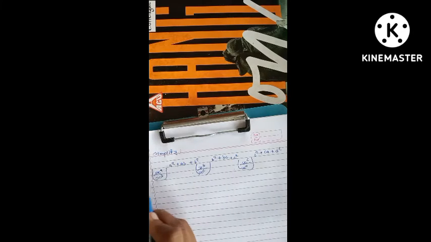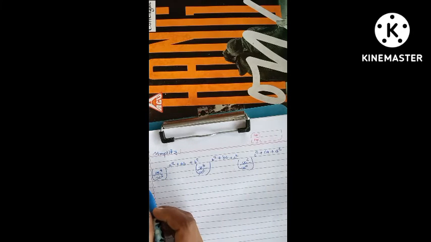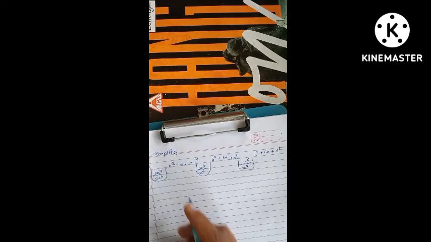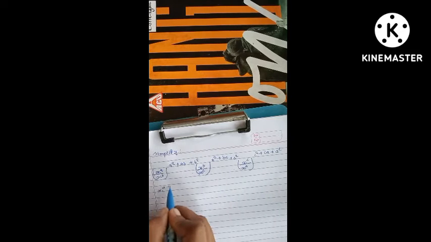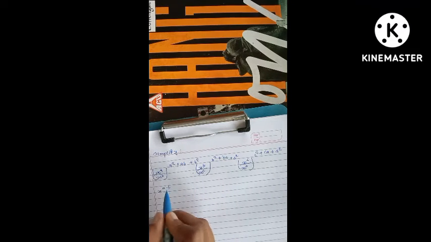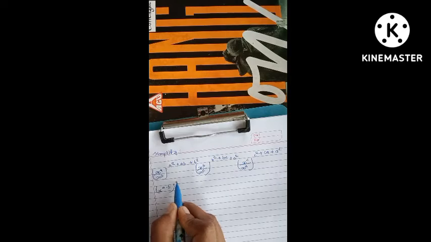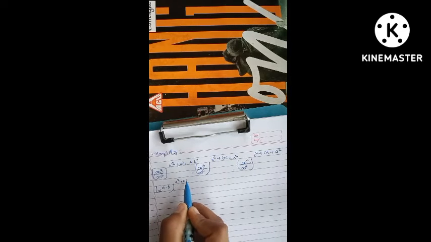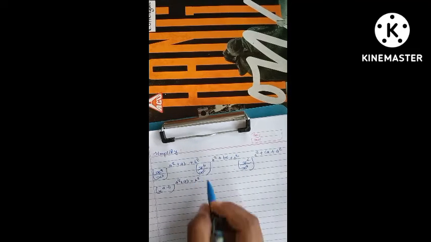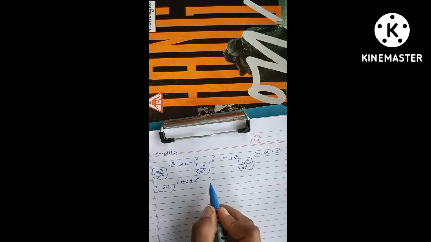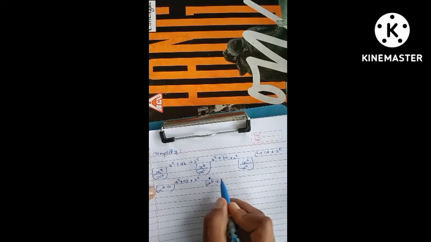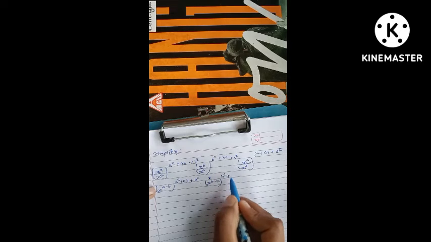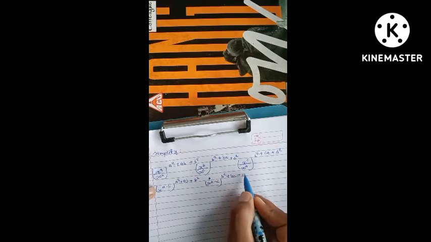Here we can write x to the power a minus b, because it is divided, so we write (a minus b) times (a square plus ab plus b square). Also the same thing here: x to the power b minus c, with b square plus bc plus c square.